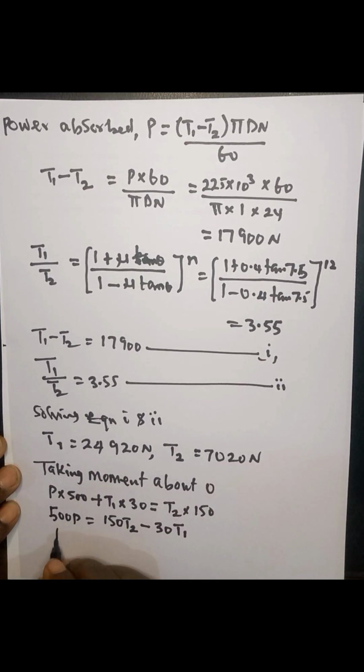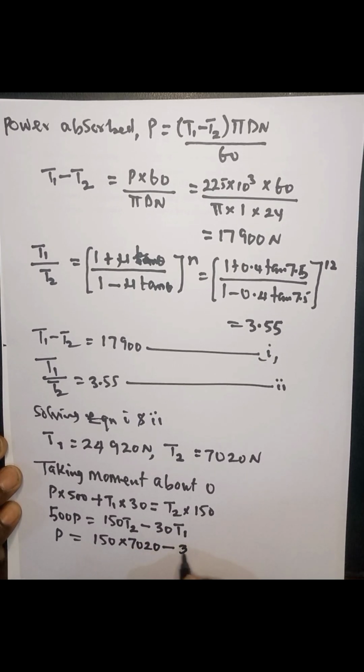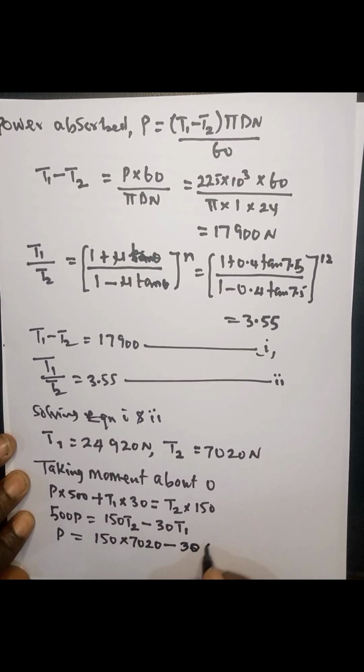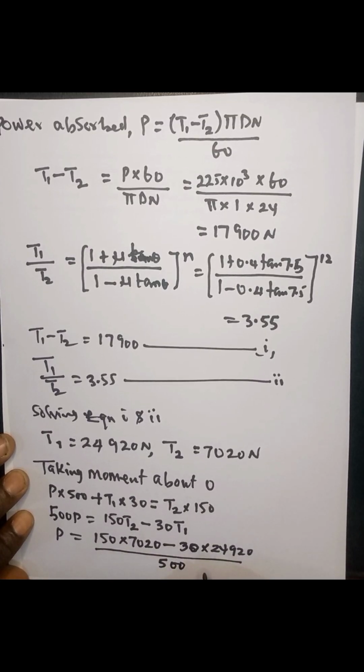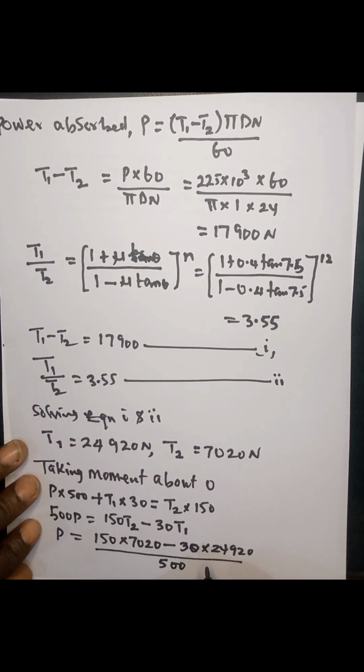Then we have P is equal to 150 times our T2, which is 7,020, minus 30 times our T1, which is 24,920, divided by 500. When we do so, we are going to get the force P, which is equal to 610.8 Newton. Thank you very much.